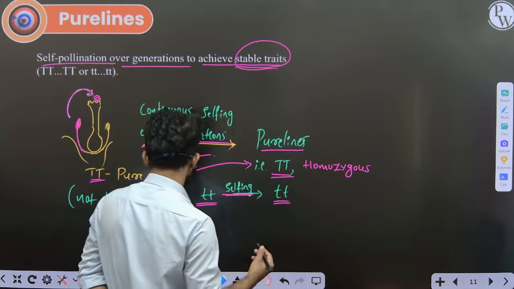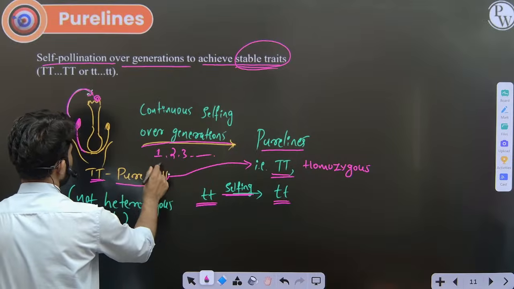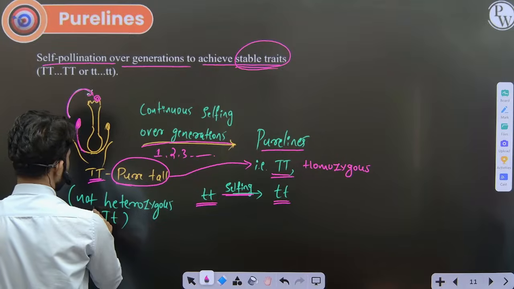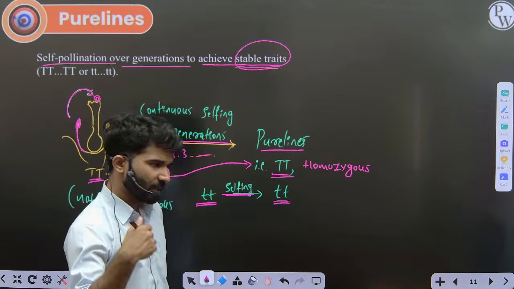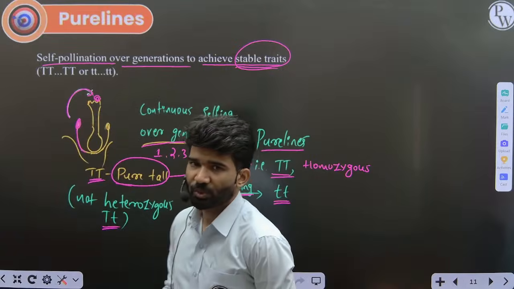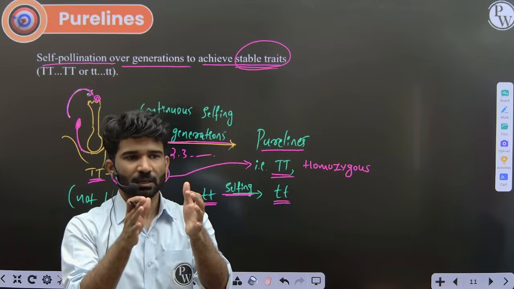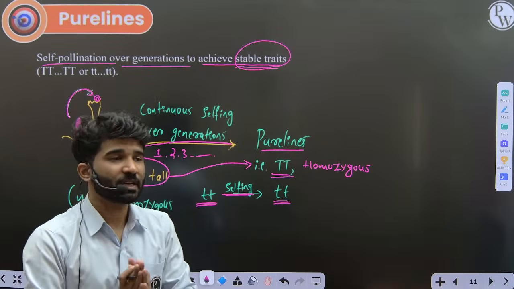So that is the continuous self pollination over generations.